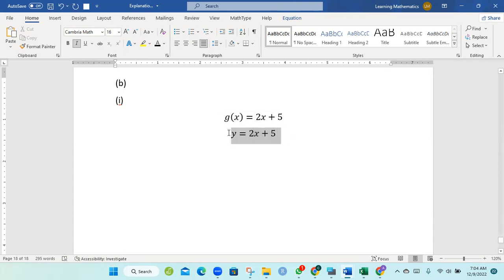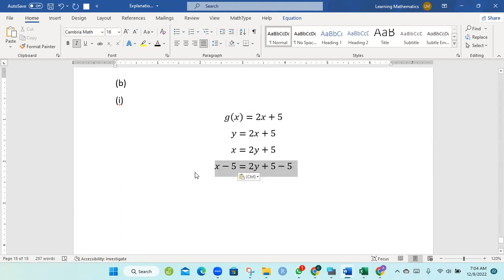Then the next step is to swap the letters x and y, so y becomes x, and x becomes y. Now the next step is to try to make y the subject of the equation. So we're going to subtract 5 from both sides.